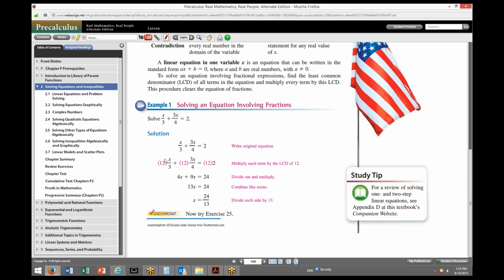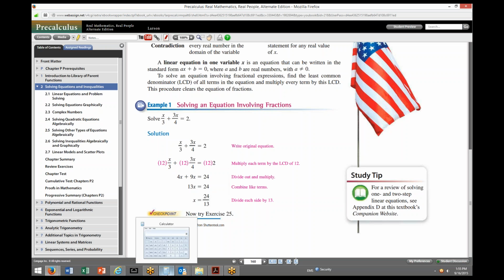The 12 over the 1, the 12 and 3 have the common factor of 3, so when we divide them both by 3, the 12 comes down to a 4, and the 3 comes down to 1. So that first term becomes, instead of 12 times x over 3, just 4x over 1, and anything over 1, of course, is itself.